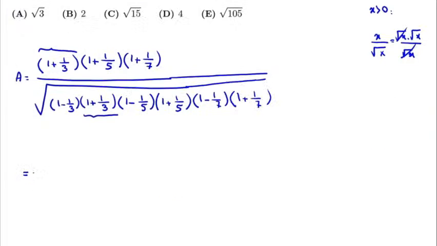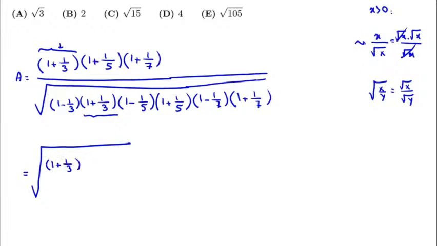Also, the square root of x over y equals the square root of x over the square root of y, so I can consider the square root for both numerator and denominator. When we cancel, it will be 1 plus 1 over 3 in the numerator, and we have these numbers, 1 plus 1 over 5, 1 plus 1 over 7.